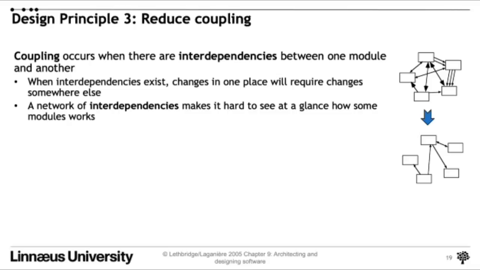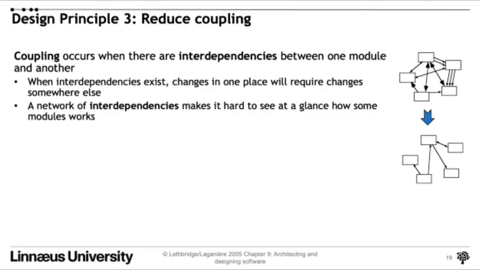We will discuss these during the next lectures. We will discuss coupling in the architecture, when these boxes will represent modules, but also coupling in terms of classes, when these dependencies are in the code, between classes.